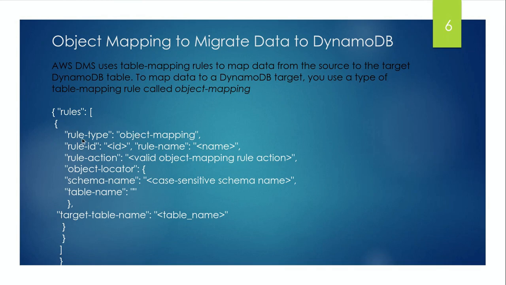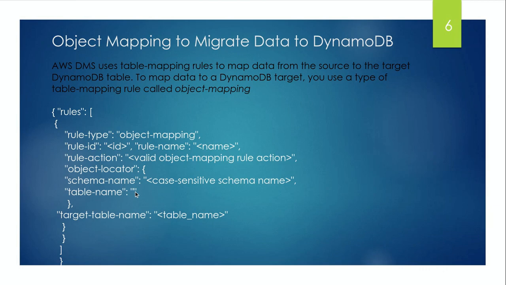So this is a normal structure of the object mapping. These are the rules, and the rule type is object mapping, and the rule ID starts with one and then increases by one depending on how many rules you have, depending on the number of tables. And then the rule action, there are two options: map record to table and map record to document, so either of those. And then the object locator, with the schema name, your source schema name, and table name.